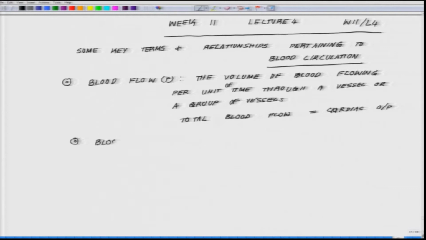Then comes blood pressure. And I am just putting all these things in front of you so that you get time to regurgitate through this definition.